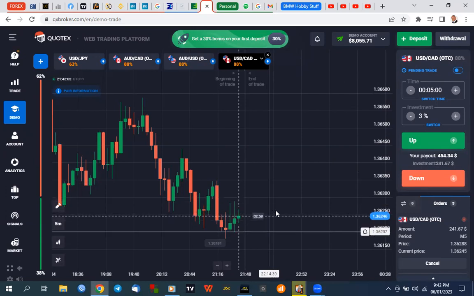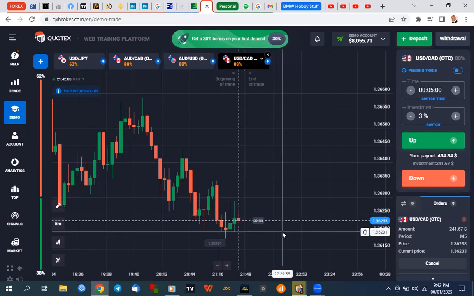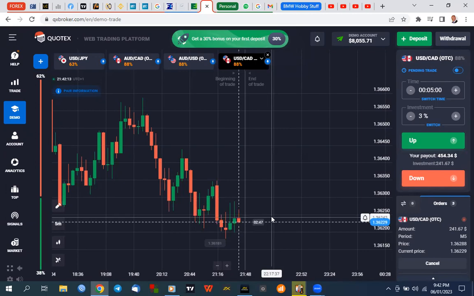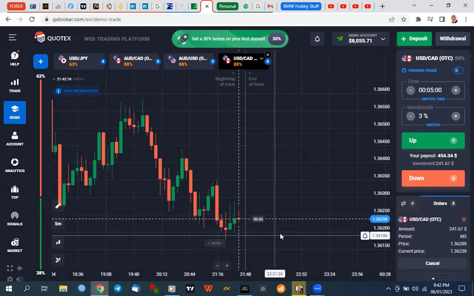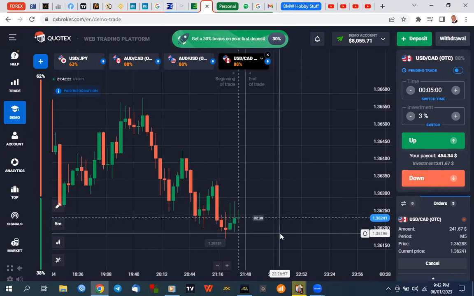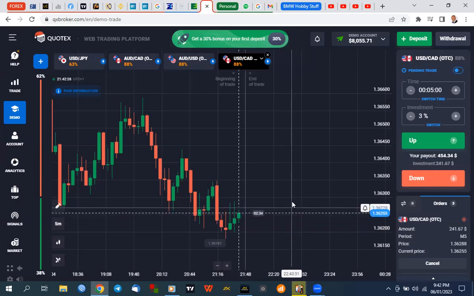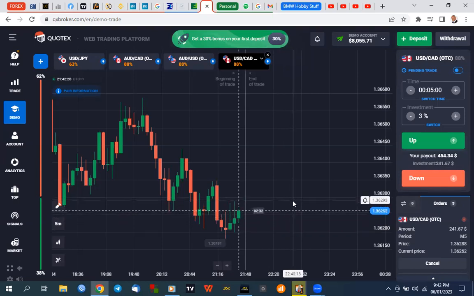The trade will be active for 5 minutes, whichever direction it goes, and then it will close. If the analysis had been done correctly and the pending order was put in the right place, the trade will close in a profit. What this has saved us is having to wait for it to get to the right place at the right time for the trade to activate.